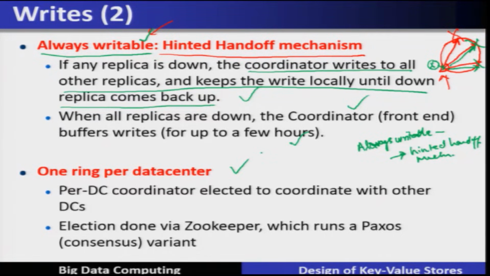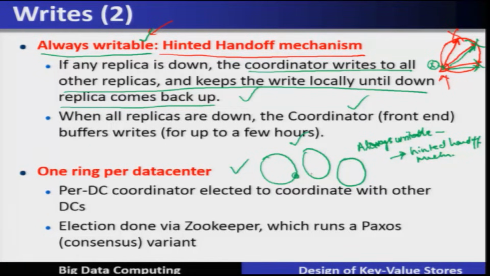Now, as we know, there is one ring per data center. Per data center, a coordinator is elected to coordinate with other data centers, and this election is done via Zookeeper, which runs a Paxos protocol. We have already seen and discussed this; for example, take 3 data centers.